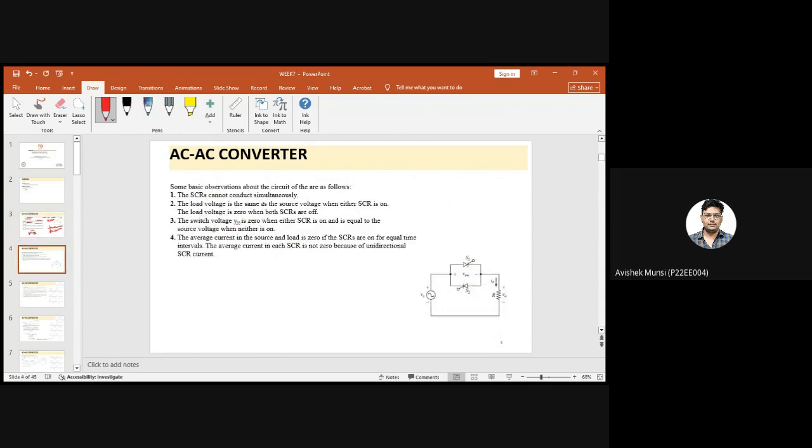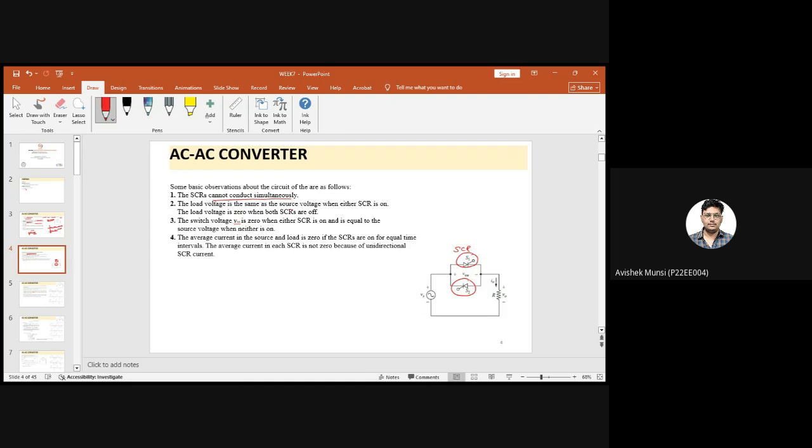Before moving on, we have to consider some observations. The observation is that the SCRs here, that is S1 and S2, cannot conduct simultaneously. They have to conduct alternately.